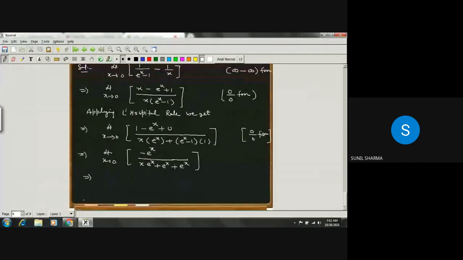We can take e की power x to be common. E की power x, x plus, here we get 1 plus 1 is 2. So we cancel e की power x, and now this is equal to limit x goes to 0, 1 upon x plus 2. It is not in the form of 0 by 0, so we can put the limit, so we get 1 upon 2.